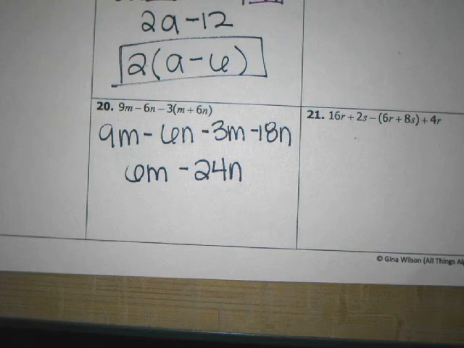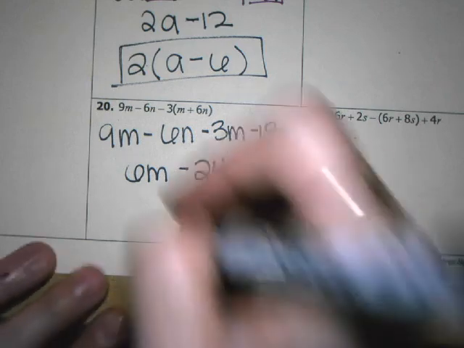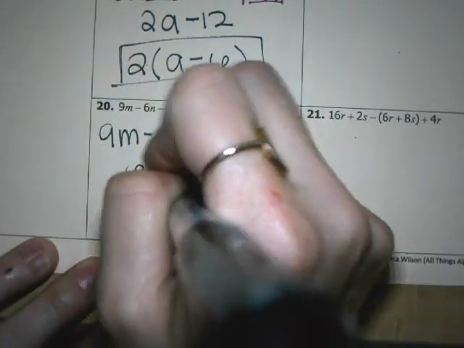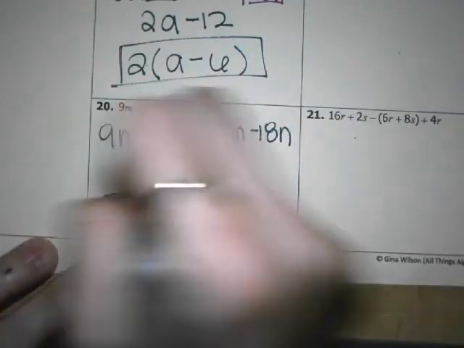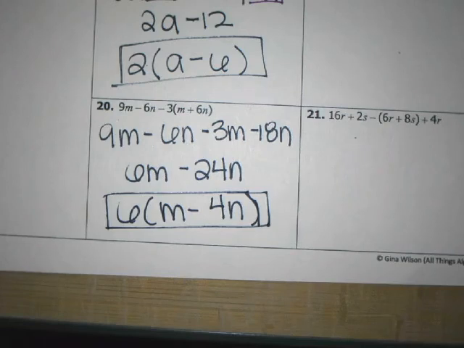Number 11, tell me what you get. 6 parentheses m minus 4n. Oopsies. There we go. Very good. Questions? Okay.